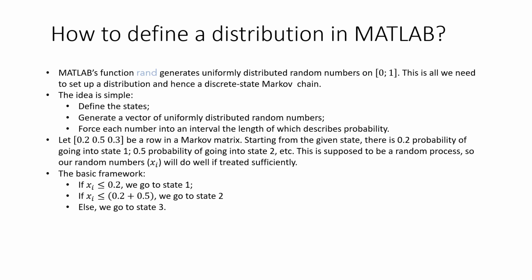If the random number is not higher than 0.2, then we go to state 1. If the random number is not higher than 0.2 plus 0.5, then we go to state 2, else we go to state 3. So this is the general framework which we will try to describe in MATLAB. This is the logical framework by which we will generate a finite Markov chain.